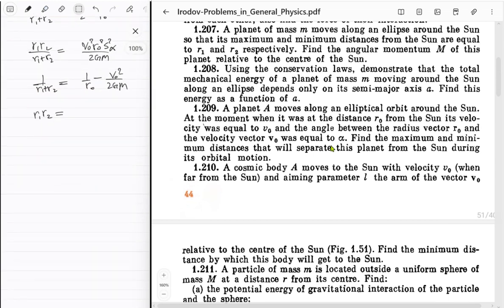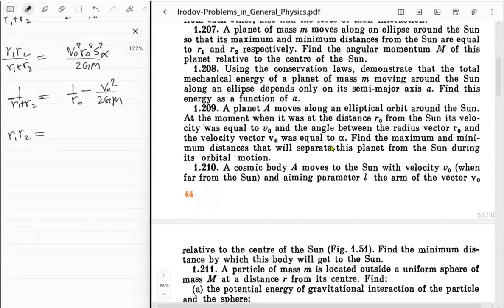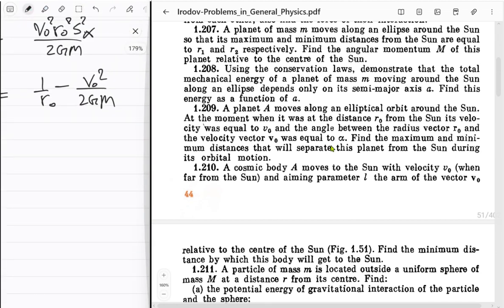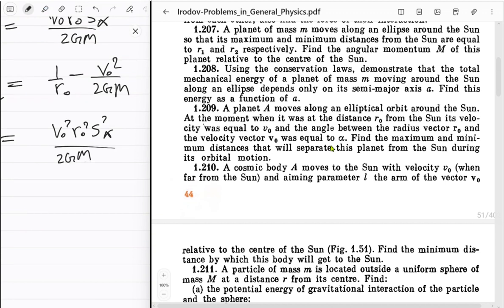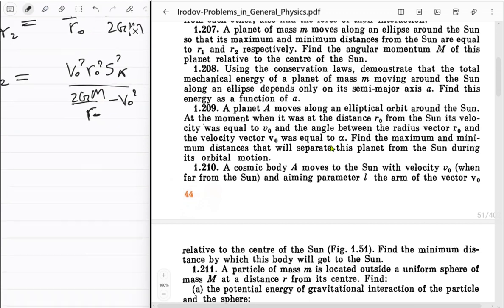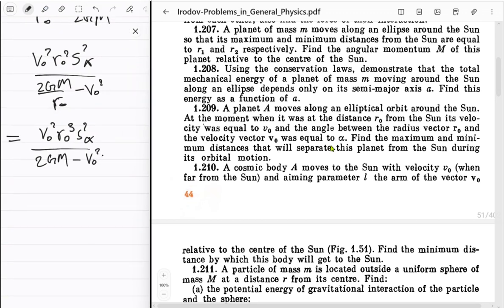So divide without caring about anything. So v naught squared r naught squared sine squared alpha upon, just multiply by 2gm. So you're gonna have 2gm upon r naught minus v naught squared, right? This thing can be written as v naught squared r naught cubed sine squared alpha upon 2gm minus v naught squared r naught, right?